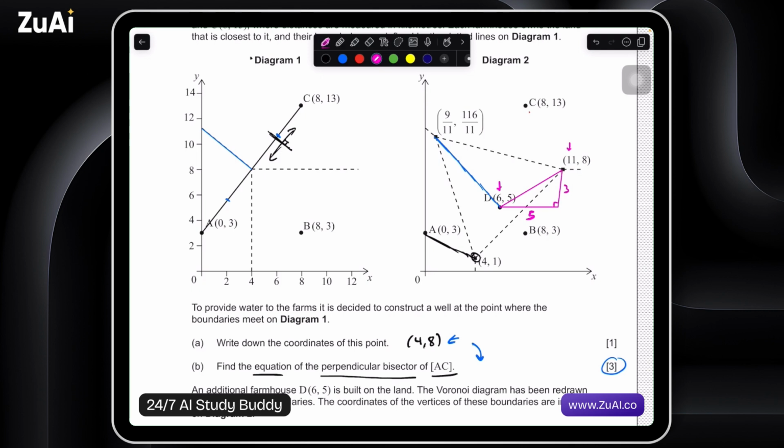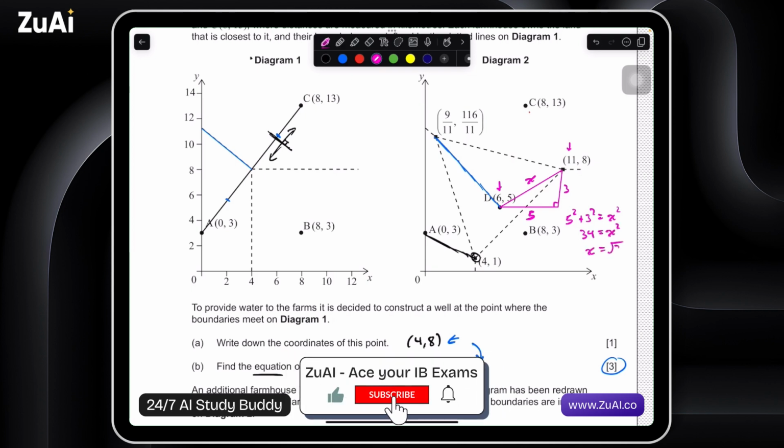So by the Pythagorean theorem, 5 squared plus 3 squared is equal to x squared. 25 plus 9 is 34, equal to x squared, and you can leave x as root 34.